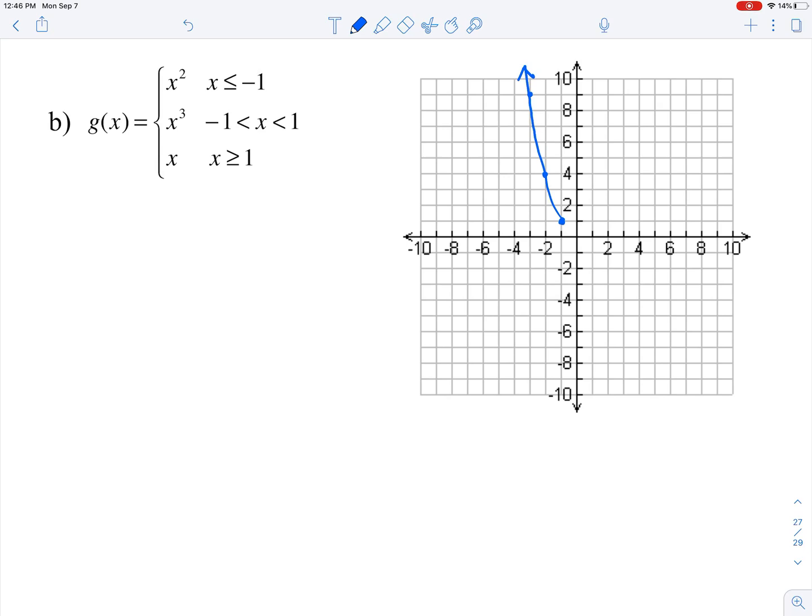Between -1 and 1, the graph will look like x cubed. Oops, not a filled-in point. Notice the endpoints on that middle piece are not included. And then for x greater than or equal to 1, the graph will look like g of x equals x, so I can fill in the point (1, 1).